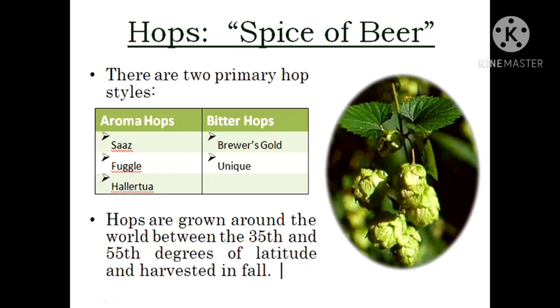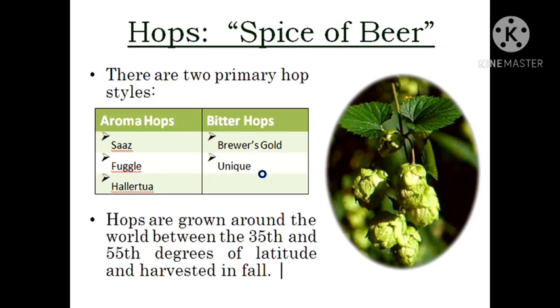The hops are grown around the world between the 35th and 55th degree of latitude and harvested in fall. All right. As you can see here, this is the picture of the hop. You can recognize it by this. It's like a small blossom of a flower.